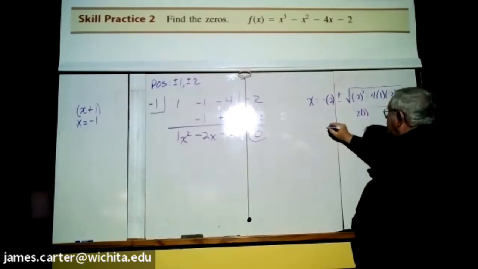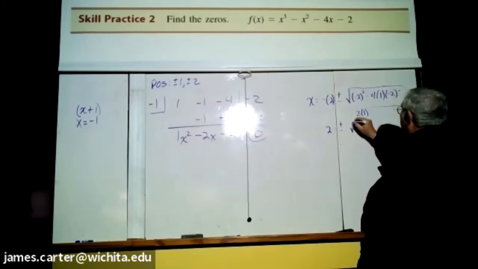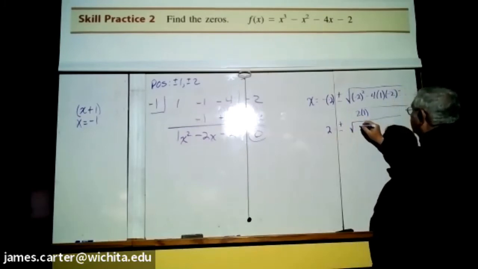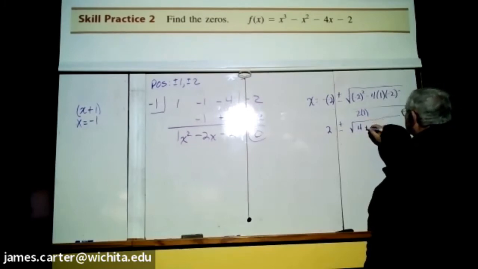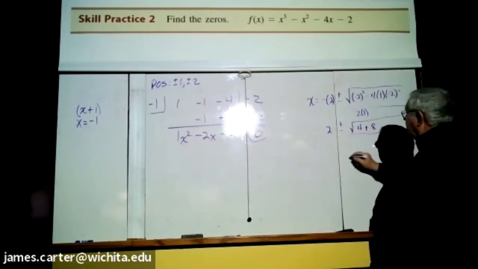Okay, this gives us 2 plus or minus square root of 4 plus 8 all over 2.